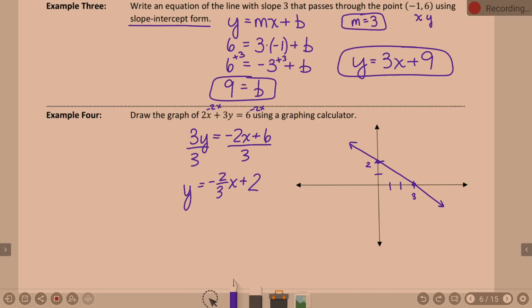I know this Calc 84 works pretty well, and there's another one, I forget what it is. But if you search for TI-84 Plus apps, you can get an app on your phone that looks just like mine.